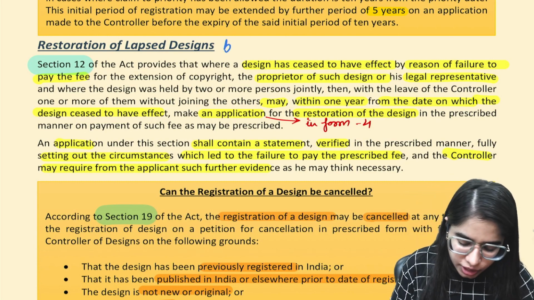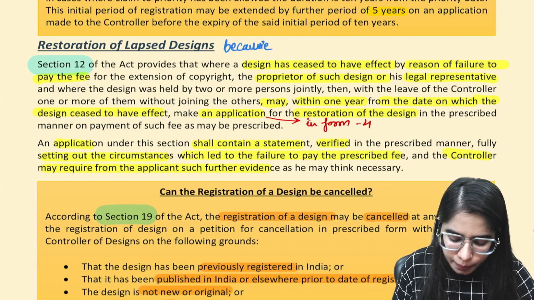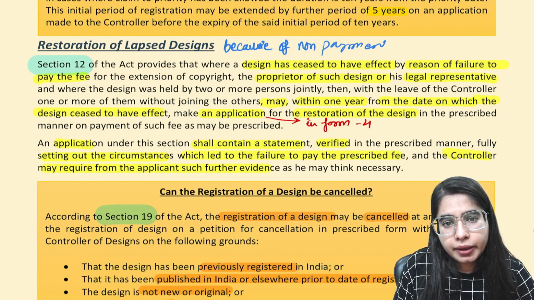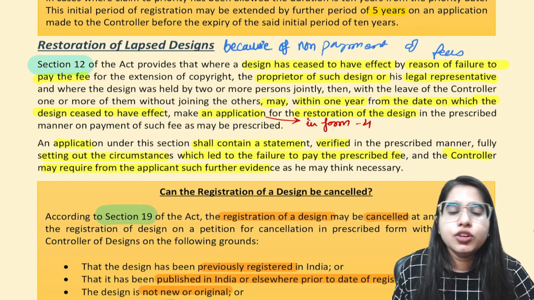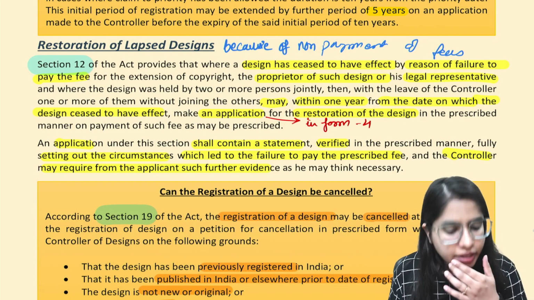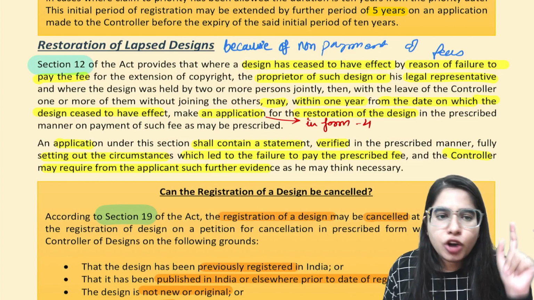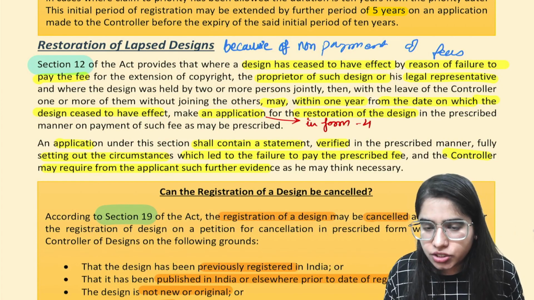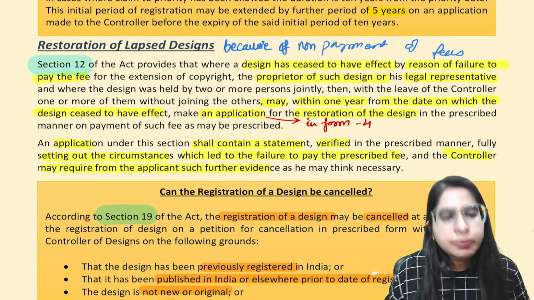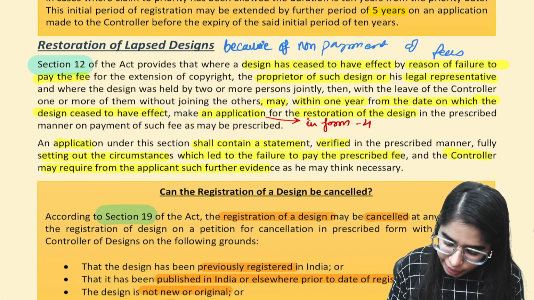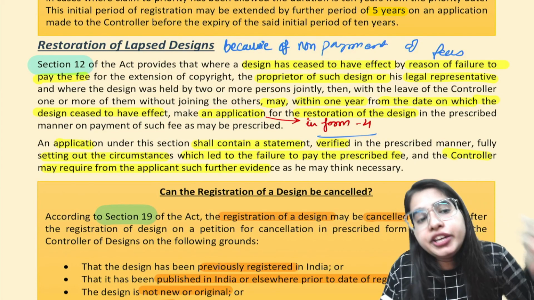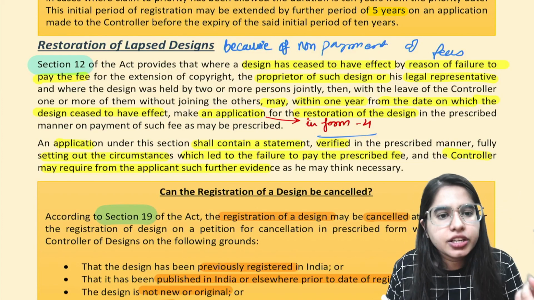If it is lapsed because of non-payment of fees, meaning government said you have not paid the fees for extension, your design is lapsed, now we are no more giving you the protection. In that particular case, you can apply again in form number 4 to renew your design, restore your design.